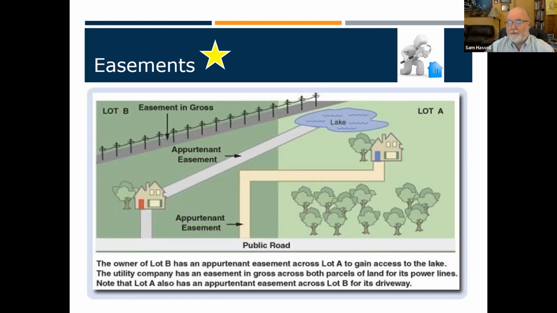He can claim an easement by prescription because he's been using it for 20 years and nobody stopped him. And you're right, lot B can't stop lot A's because of necessity. He's got to get there, right? That's an easement by necessity. Yes, this would be an easement by prescription over time. This is an easement by necessity.